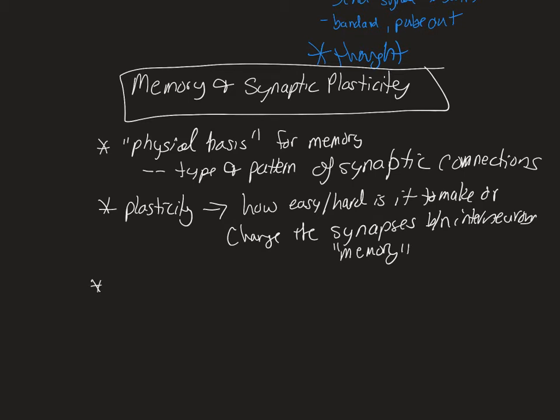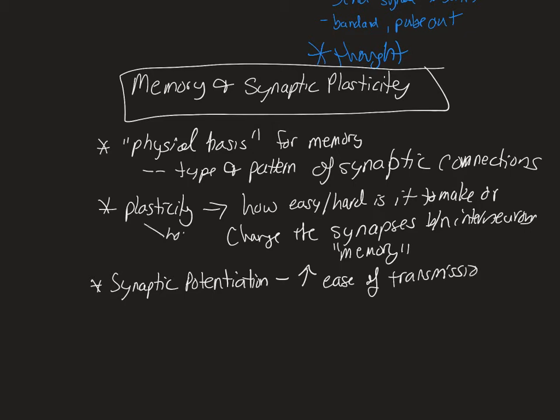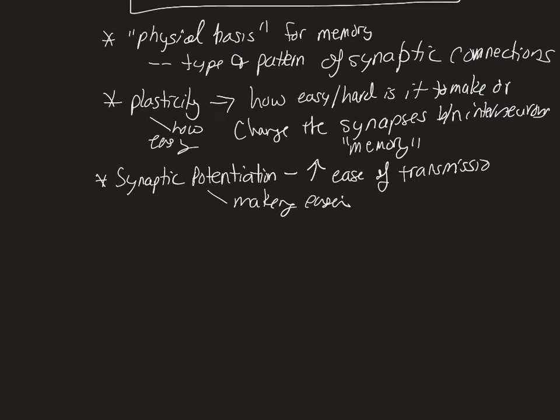And then you've got this idea of synaptic potentiation. It's a long word to write, hold on. Potentiation, okay? With synaptic potentiation, this is where you increase the ease of transmission or talking across a synapse, okay? So plasticity is how easy is it, and potentiation is are we making it easier or harder, okay?